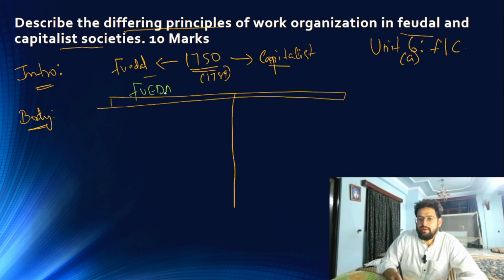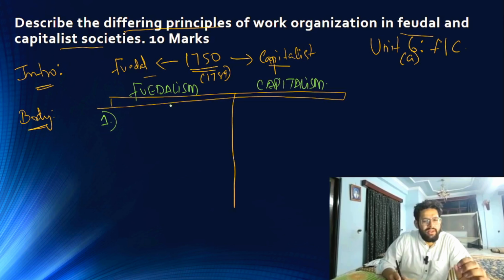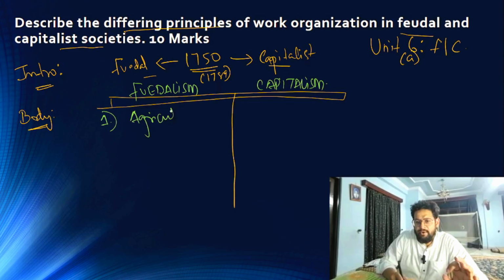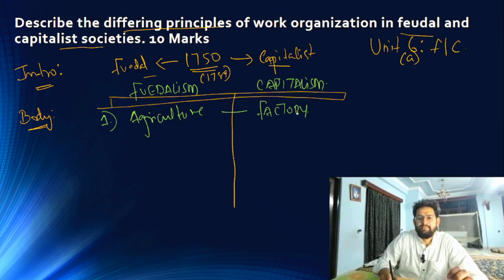One, you will be talking about what is associated with feudalism, and then you will be talking about things associated with capitalism. The word feudalism is associated with production around agriculture, and capitalism is where the work is going to be around the factory system. That is the main primary difference that we are having.